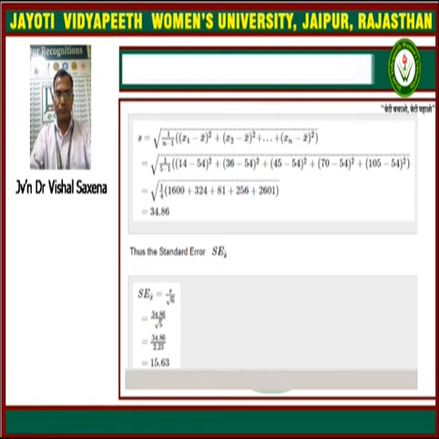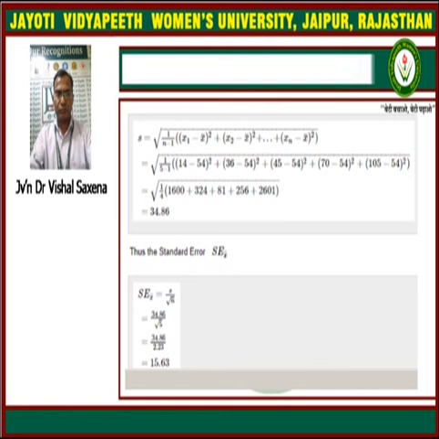Putting the values of n, the data xi, and x bar, the mean, where x1, x2, x3 are the data, in this formula, we find the standard deviation is 34.86.